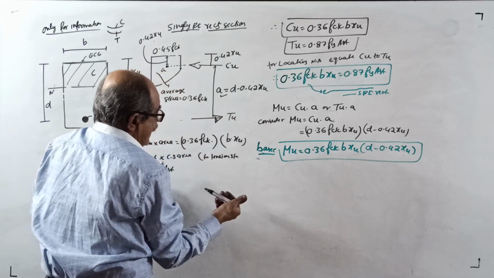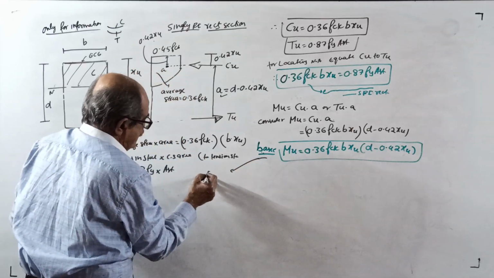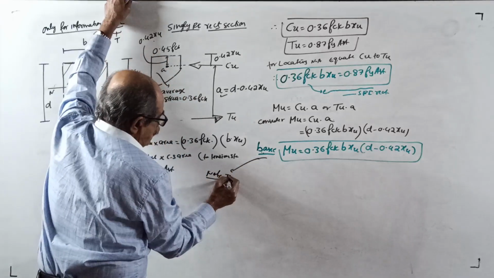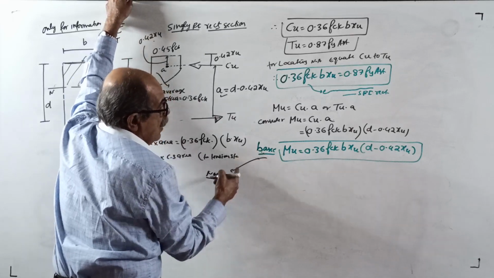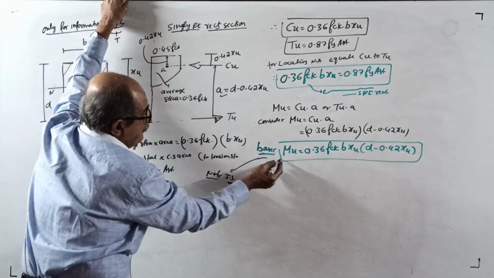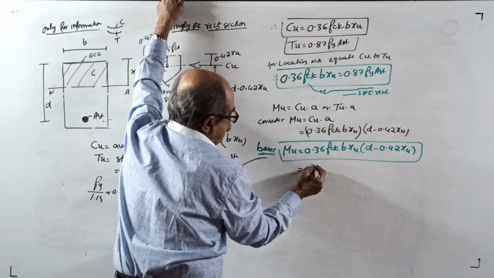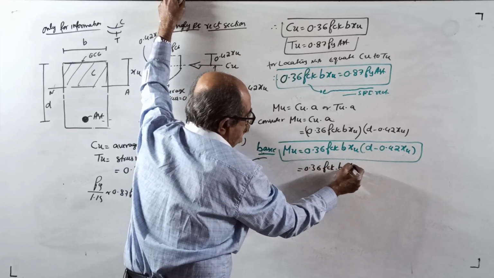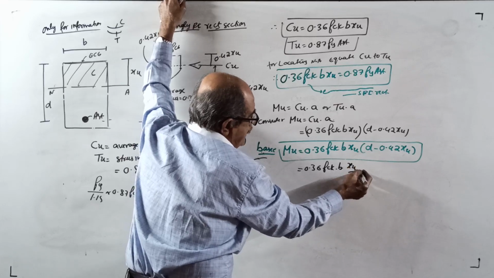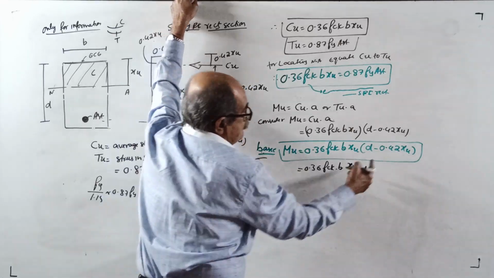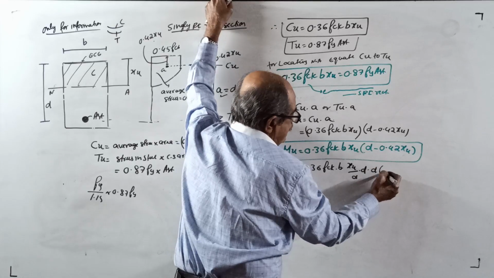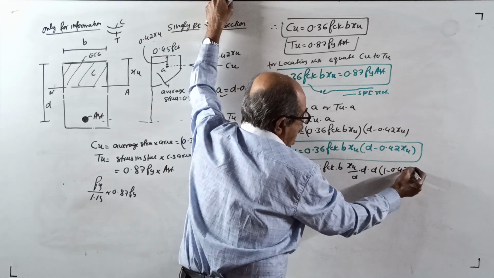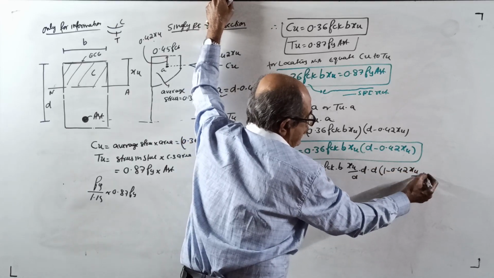Also, make a note here. We will go to the IS code version. What IS code has done is simplify it: 0.36 fck into b into xu, divided by d and multiplied by d, taking d outside, 1 minus 0.42 xu by d.